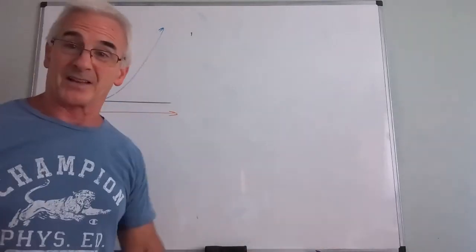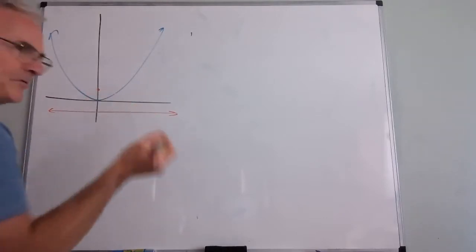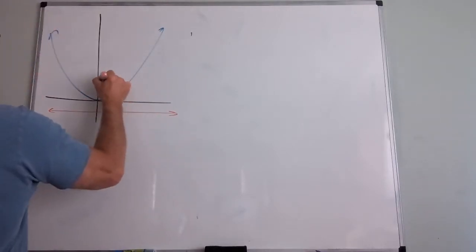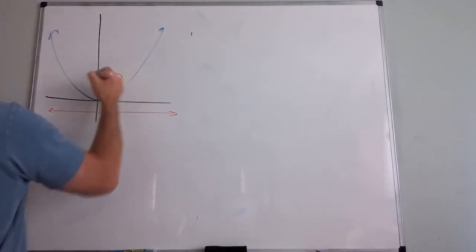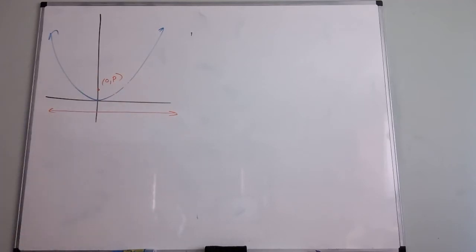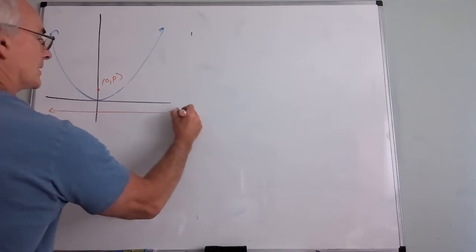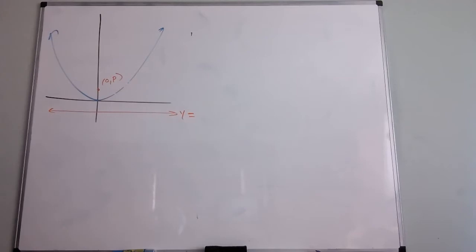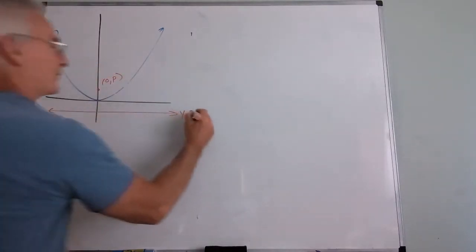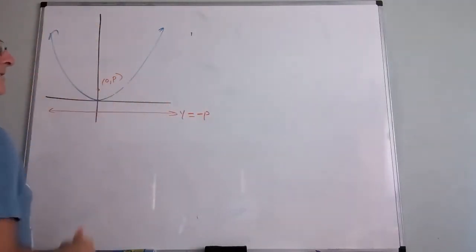I wasn't there when they decided why p and not f for focus or something. So that point will be at 0 comma p. P is usually referred to as the focal length. So if that's 0, 0, and that's 0 p, then what would the equation of this line be? It would be y equals what? Negative p. Perfect, because we just said they're equidistant.